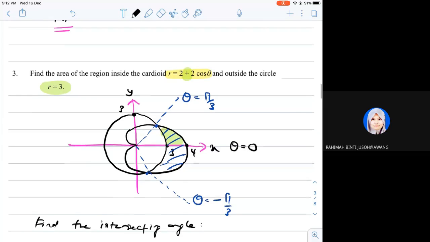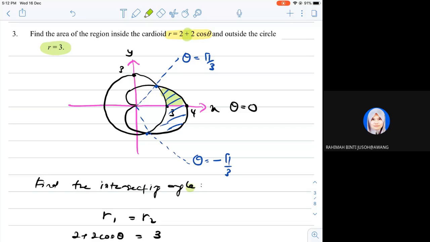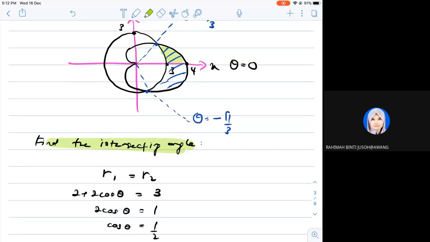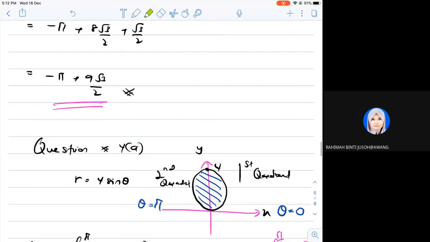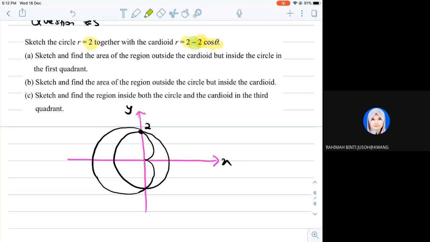So we need to find the intersecting angle by equating both of the arms. However, in question number 5, the intersecting angle is located exactly on the axis. So we can just directly identify the angle by just looking at the graph. So no need for you to calculate. You look at the graph, you can already know where the angle is and what its value is.